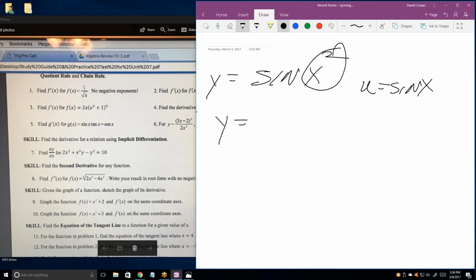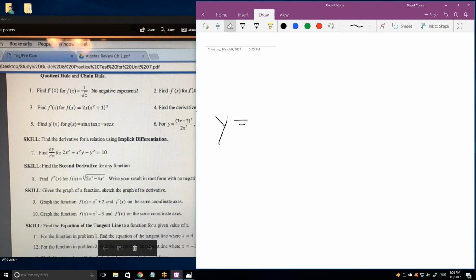I could write it as sine of u, which I know how to differentiate. But if I let u equal sine x, there's no way to write this in terms of u. How would you do it? The first thing we have to do is square the x, not square the sine x. So figuring out what the inside is really is the only difficulty on these chain rules.